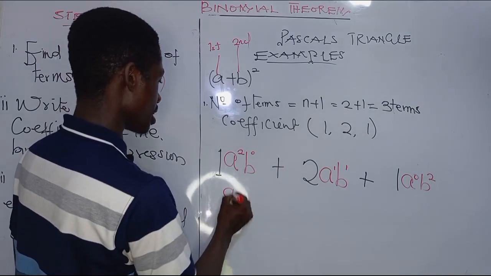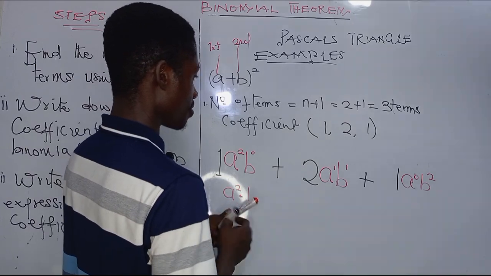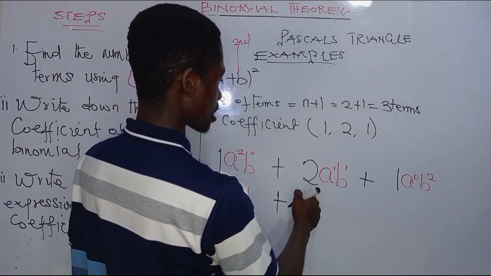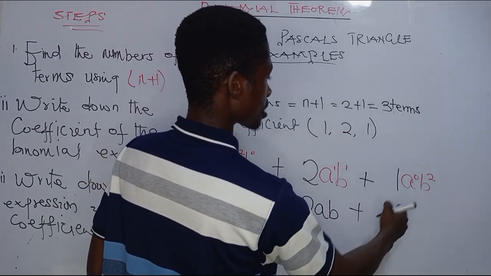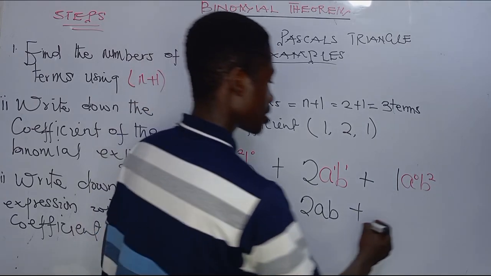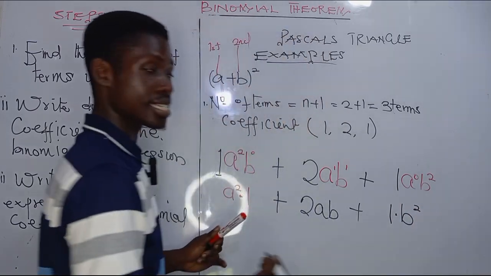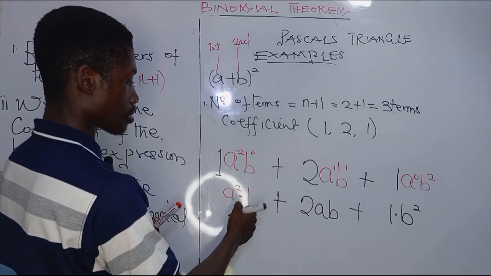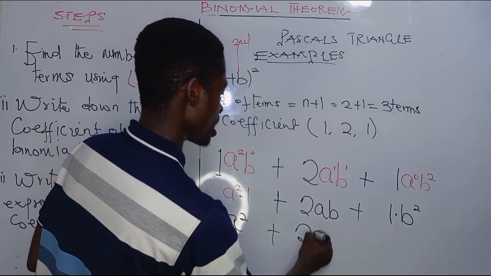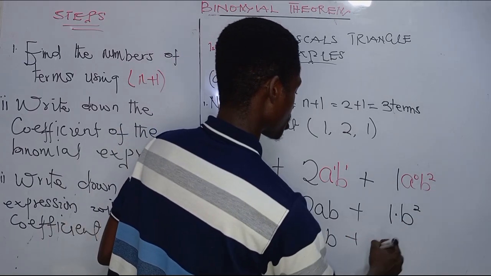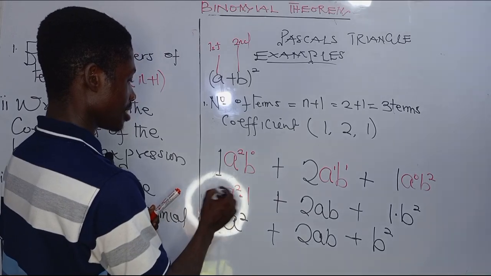So we have plus 2ab plus 1 times b raised to the power 2. Let's simplify further: a squared plus 2ab plus b squared. And that is that.